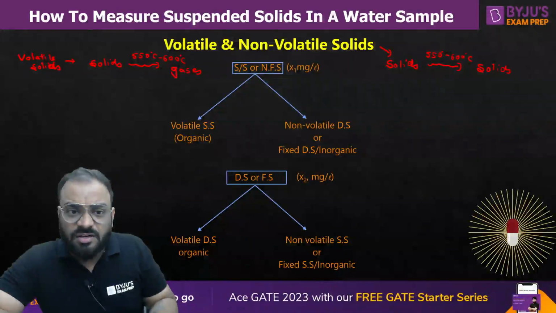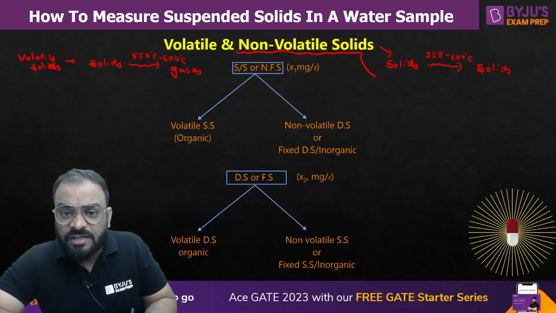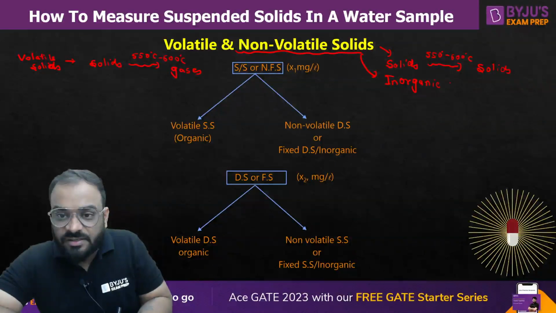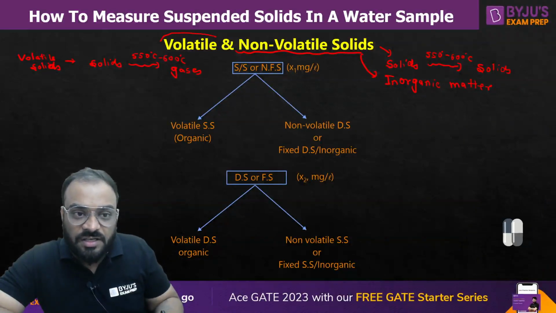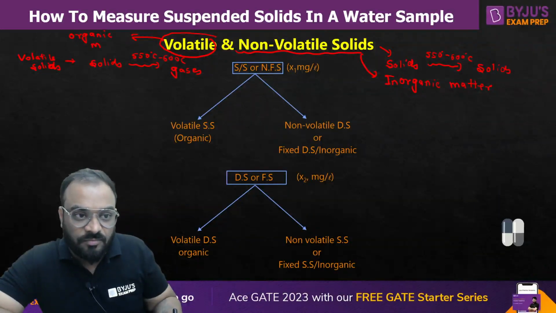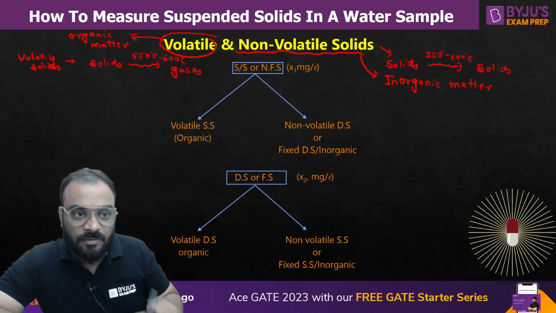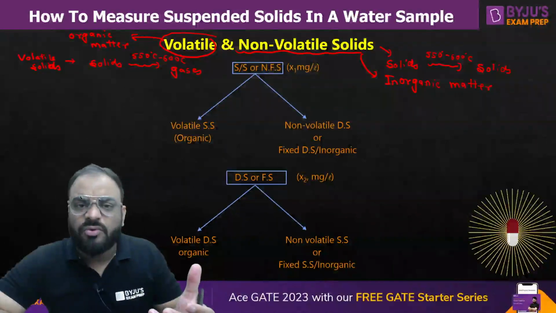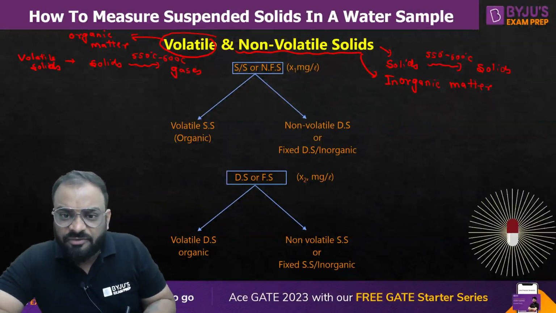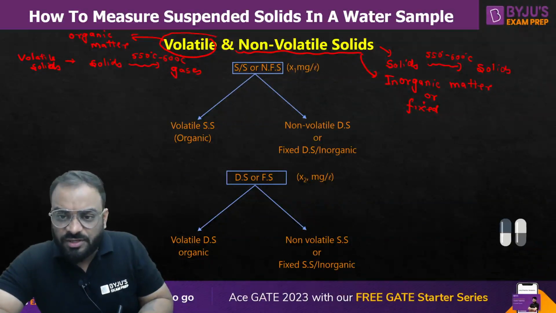So generally, guys, we refer to the non-volatile solid as inorganic matter or inorganic fraction, and the concentration of volatile solid is referred to as organic matter or organic fraction. Clear? Now we are using one more word for the non-volatile solid. These are fixed solid. You can use one more word, which is also known as fixed solid.